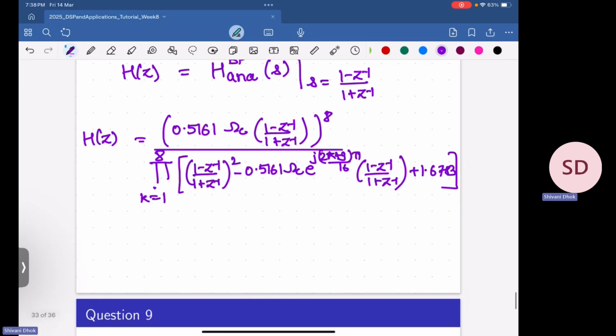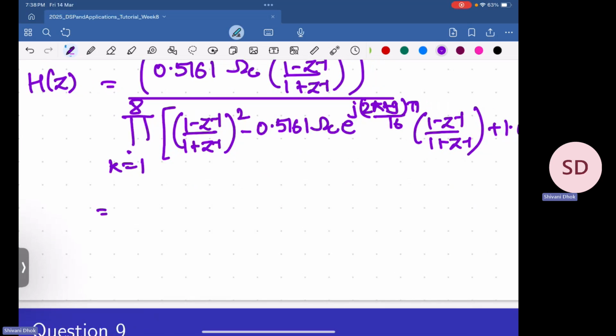Okay, so let me write it neatly. Let me write the denominator first.